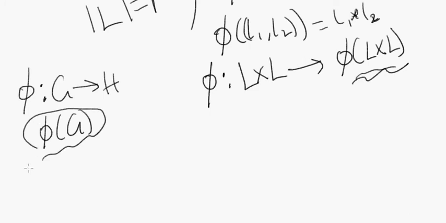So we're saying that phi from L cross L to the image of phi is a homomorphism. Oh wait, isn't that an isomorphism too? Right. Wait.